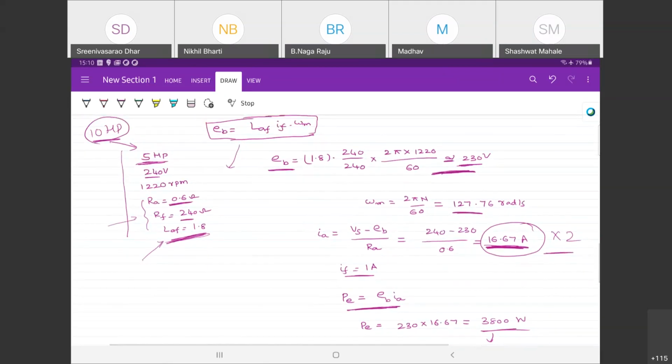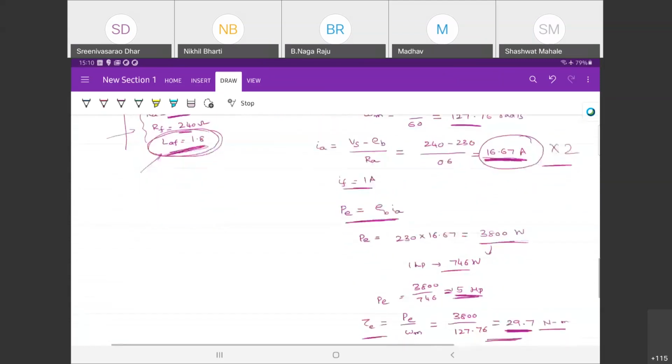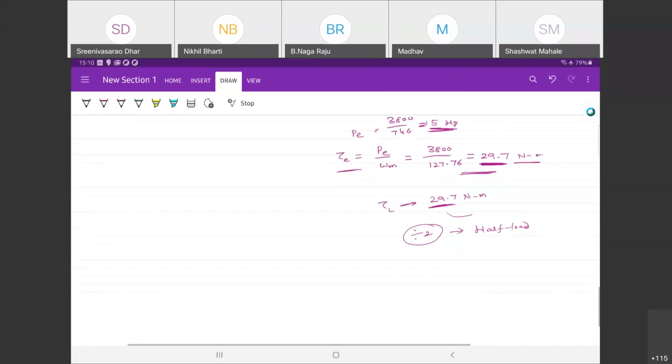Clear? So one way is to increase the current. Another way to design a 10 HP motor is to use this LAF appropriately, to design a different rating motor. Clear? So this is how to set it.